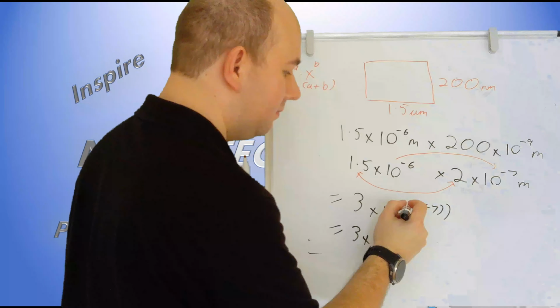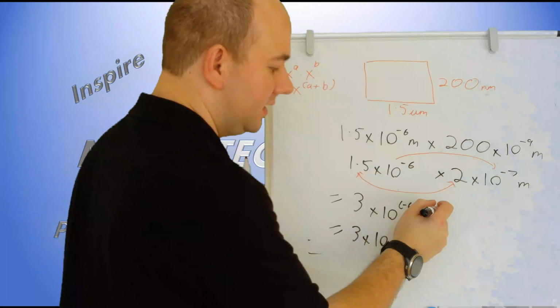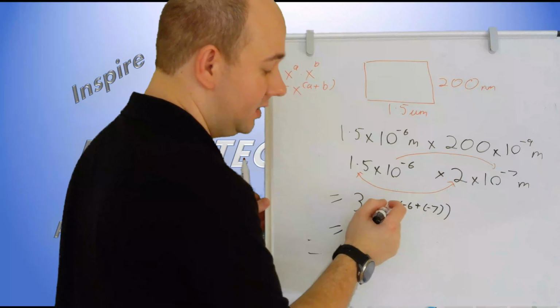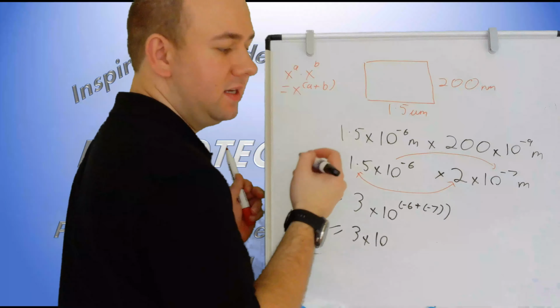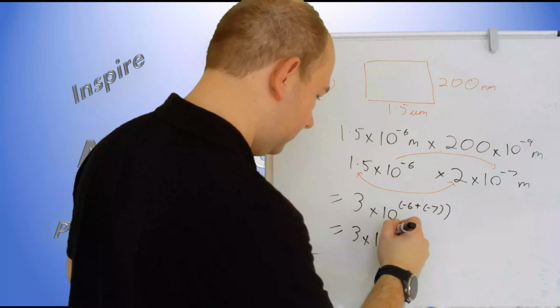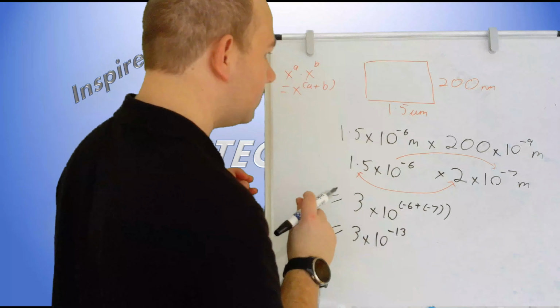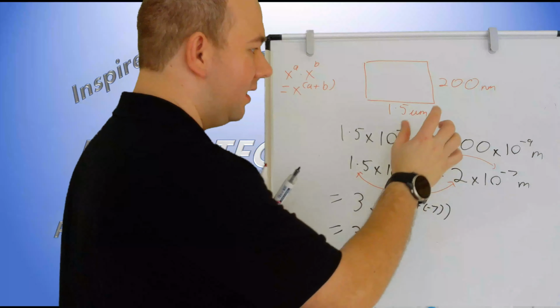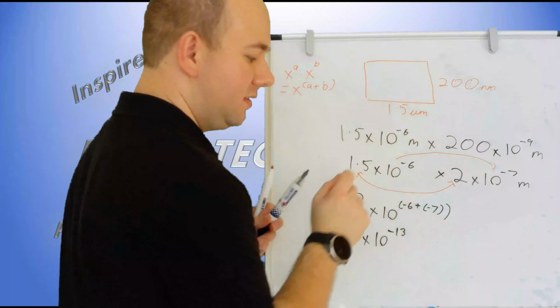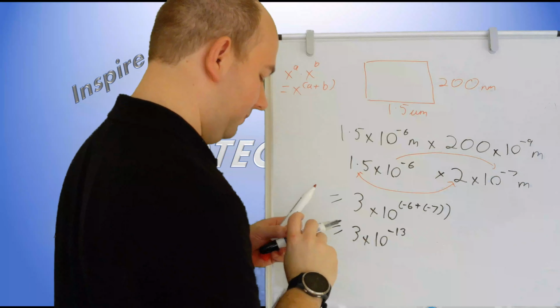So minus 6 plus minus 7, minus dominates here, so minus 6 minus 7 is minus 13. And because we're finding area and we're doing a multiplication, the unit of area is meters squared.